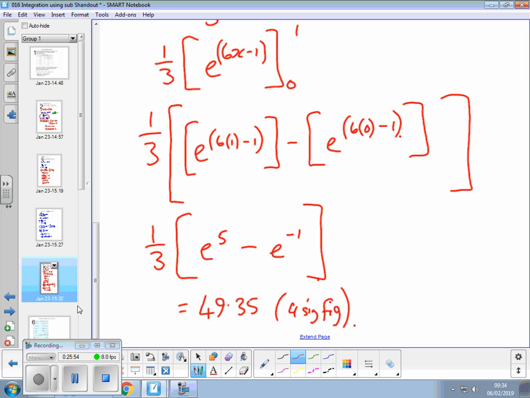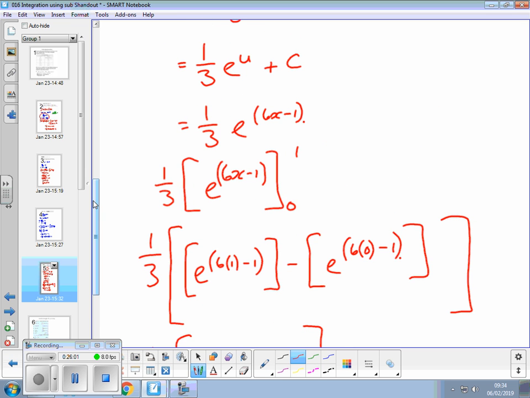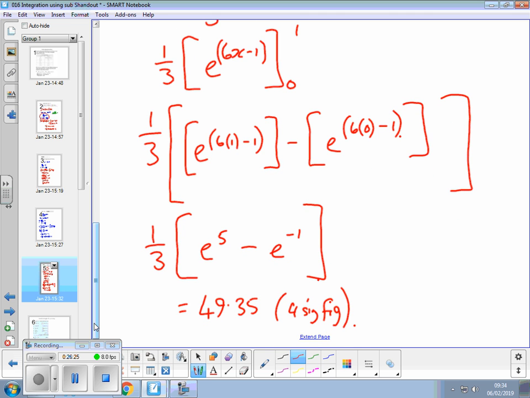Remember, once we want to evaluate a definite integral, we can forget the constant of integration, because if we add it in, they cancel each other out anyway. We end up with c and minus c, and that cancels. So we just ignore them once we get to the stage of evaluating a definite integral. All happy with that?